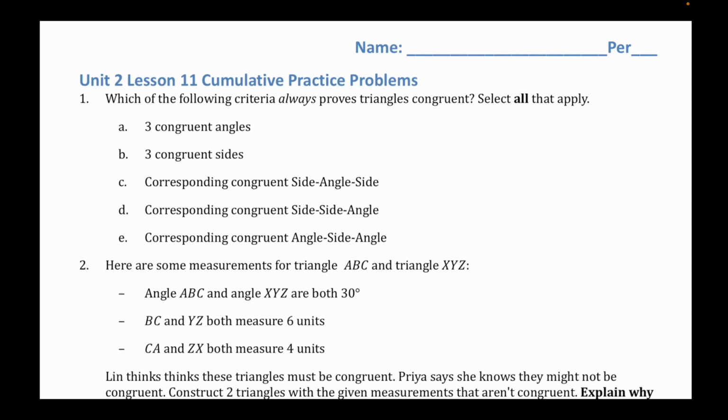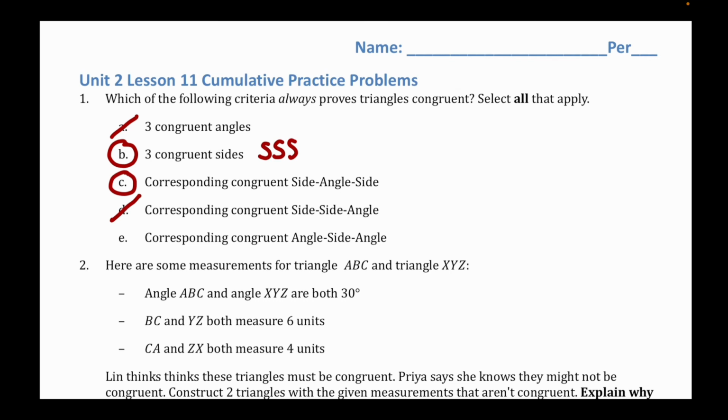Okay, so 3 congruent angles will not always work. So we're not going to select that one, but 3 congruent sides will. This is side, side, side. Corresponding congruent side angle side, yes, that will work. Corresponding congruent side-side angle, on the other hand, is not always going to work.